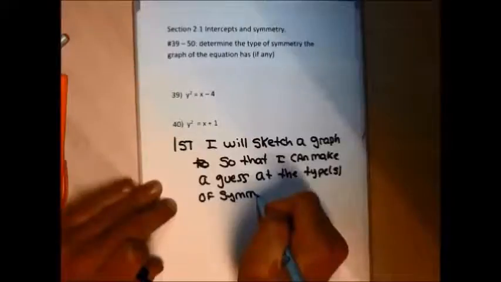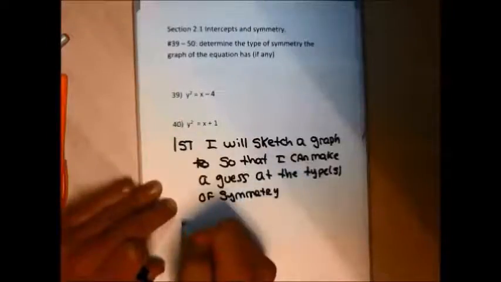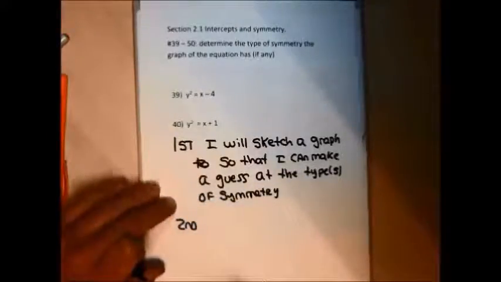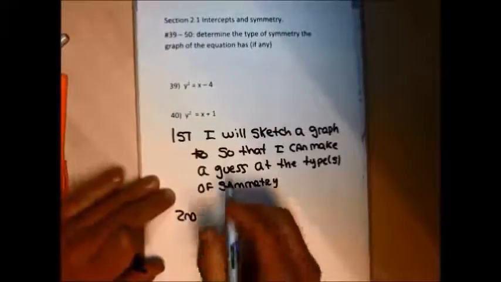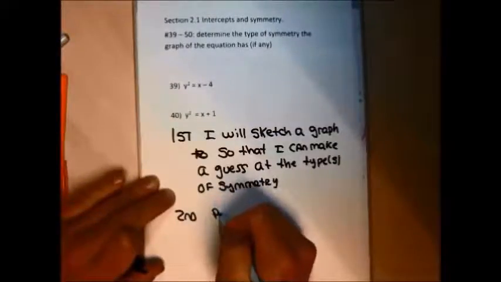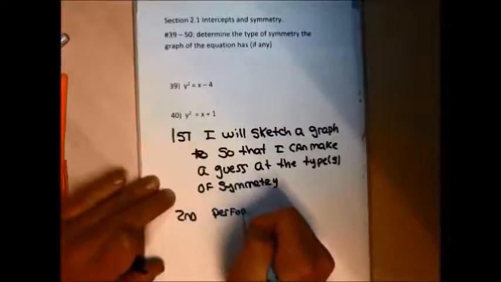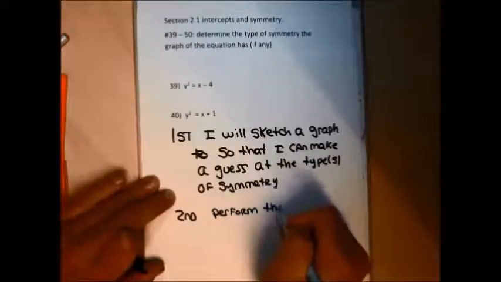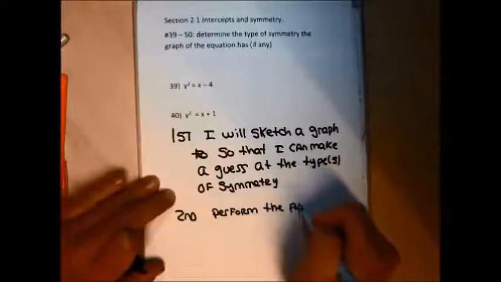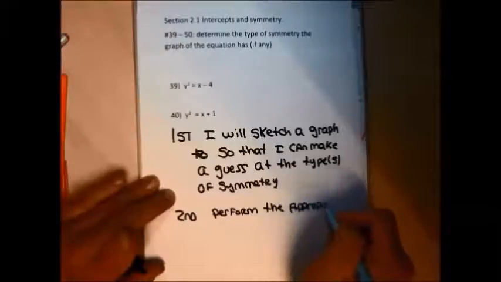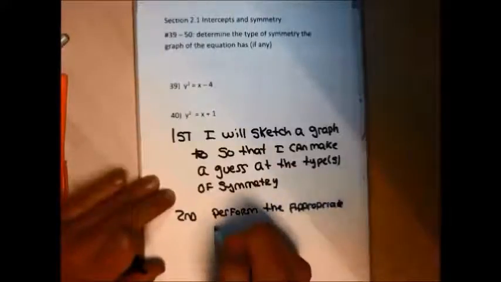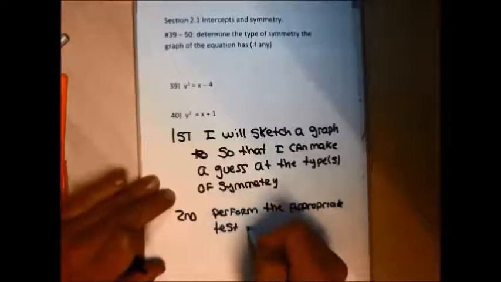This isn't enough for a test. Once I determine the types of symmetry that I think it has, second, I'm going to perform the appropriate test to confirm my guess.